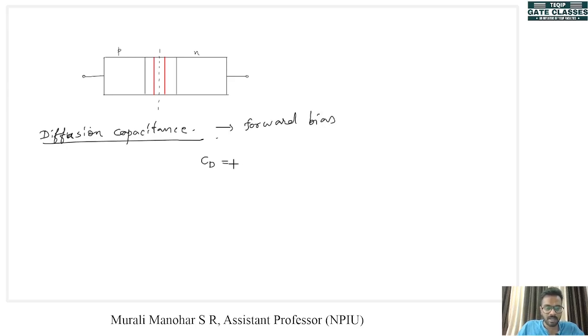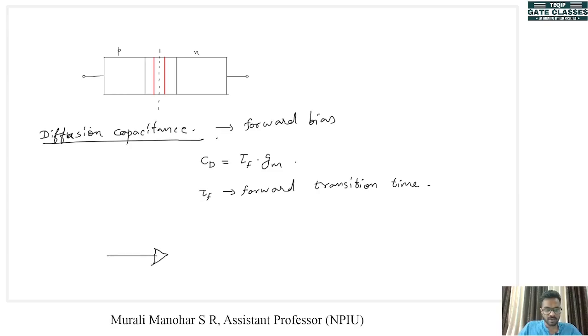The diffusion capacitance Cd occurs in forward bias. This is given by tau f into Gm, where tau f is the forward transition time, and we already know what Gm is. Gm is the transconductance ratio. So if we draw the equivalent circuit of a diode now, it will look like this.